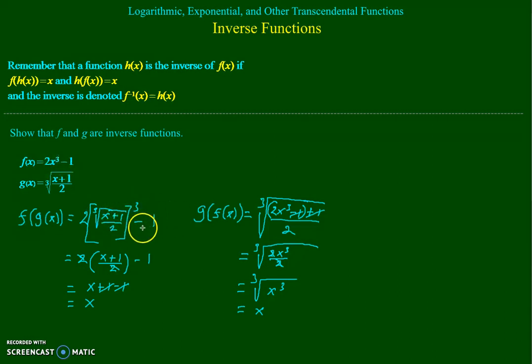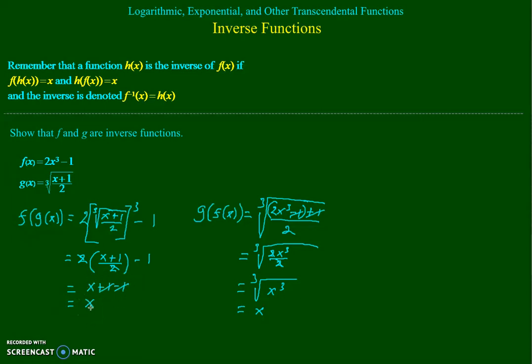Now we work it through, and if you look very closely, this cube undoes this cube root. So the cube root goes away and the cube goes away, and what we're left with is x plus 1 over 2. And then the 2's cancel out, and the 1's cancel out, and we're left with x.